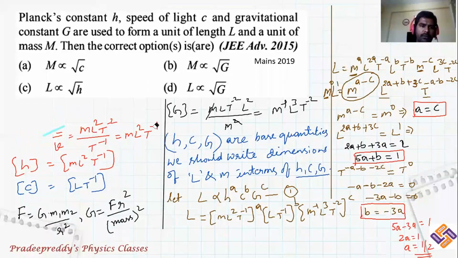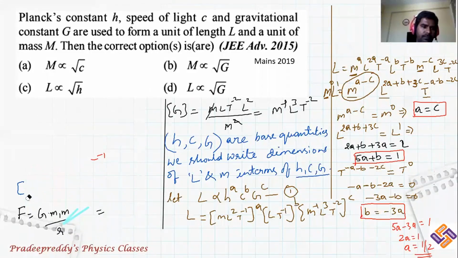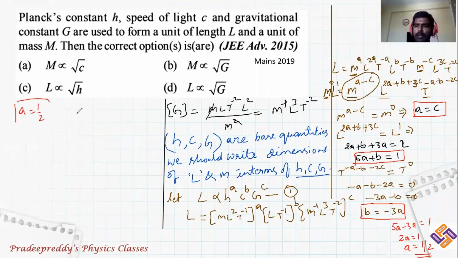If A is equal to 1 by 2, we can find out what is B as well as what is C. See here, A is equal to 1 by 2. Next, what about B? B is equal to minus 3 by 2. Next, what about C? C is also equal to 1 by 2, because A and C are equal.